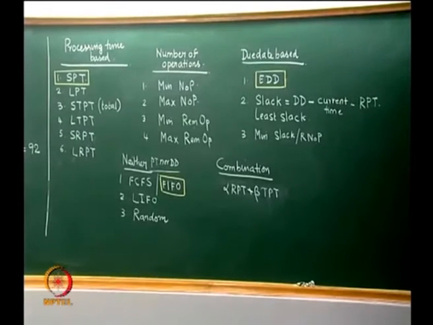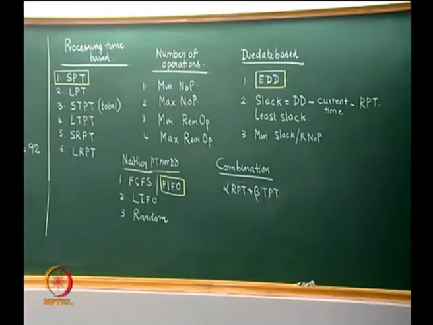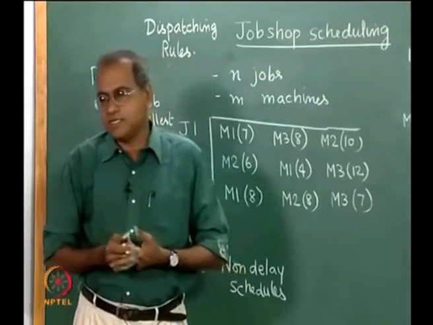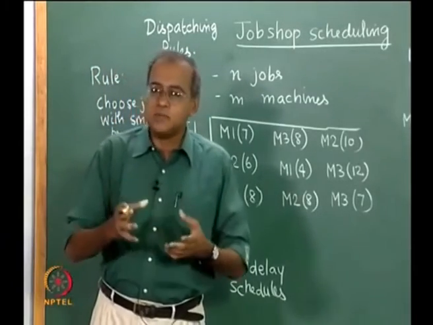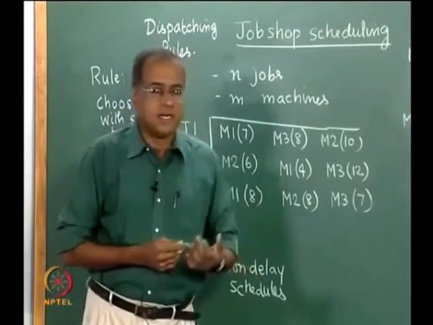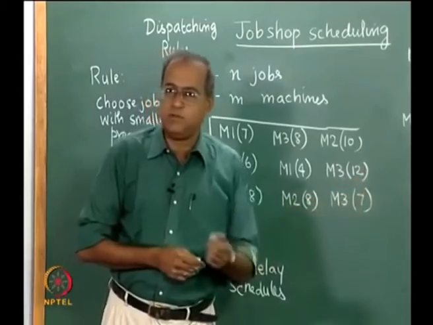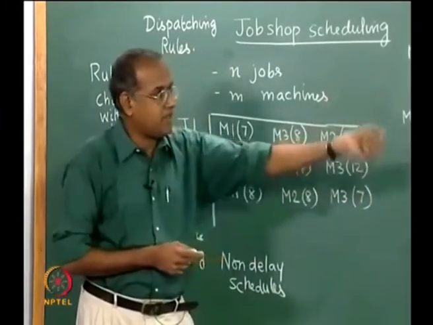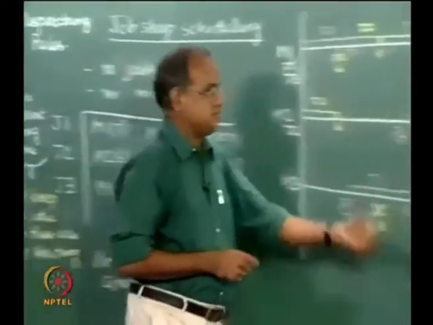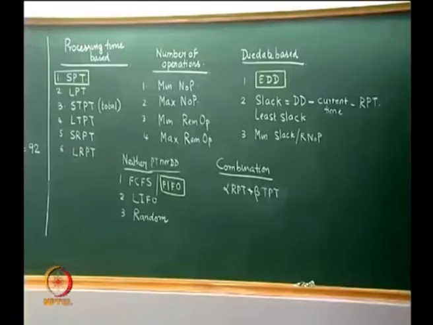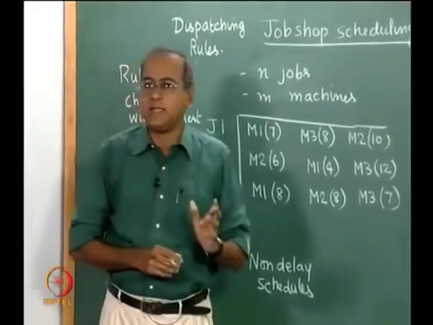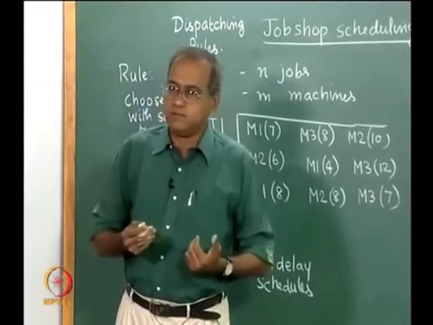And today, with the amount of computerization and use of information technology devices, it is possible to write a program that will generate the Gantt chart. It is also possible for the user to define a dispatching rule, which is either one of those listed here or another dispatching rule, and it is easy to get the corresponding Gantt chart very quickly.